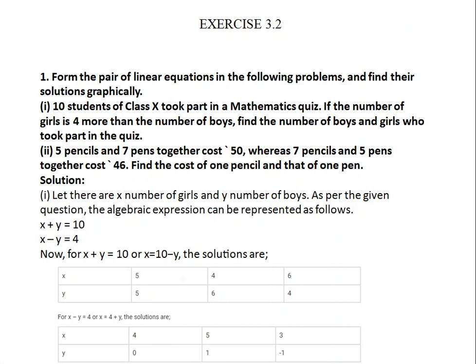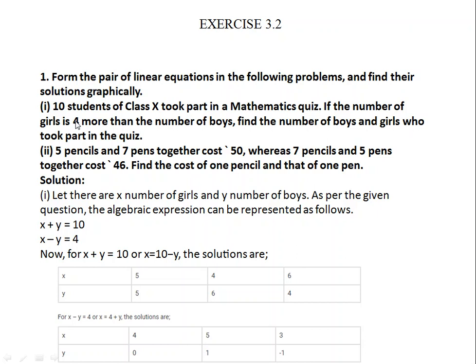How many students are there in total? 10. That means number of boys plus number of girls is equal to 10. We'll take it as x plus y equal to 10. Girls are more than boys. So, x minus y. In your question, the difference is given as 4.